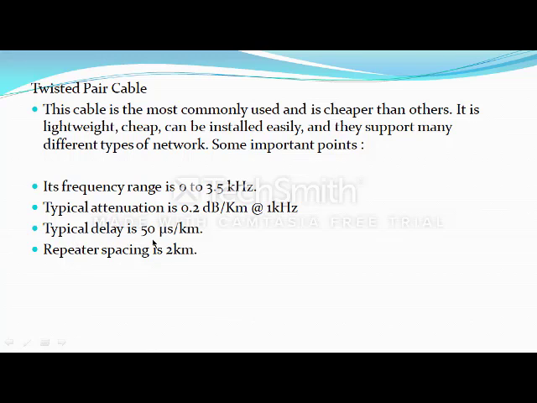Typical delay is 55 microseconds per kilometer, so a delay of this much time may be acceptable. Repeater spacing is 2 kilometers. As the signal is transmitted over longer and longer distances, it may be attenuated.